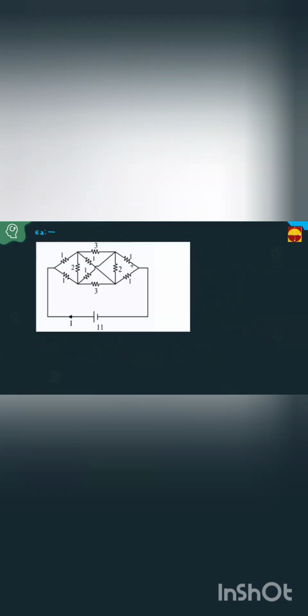Here, the question is asking you to find what the current I is. Can you solve this? What is the current I? First, identify which are the equipotential points.